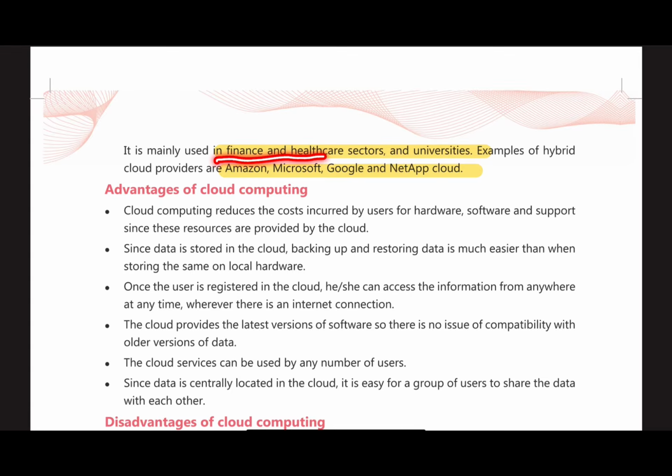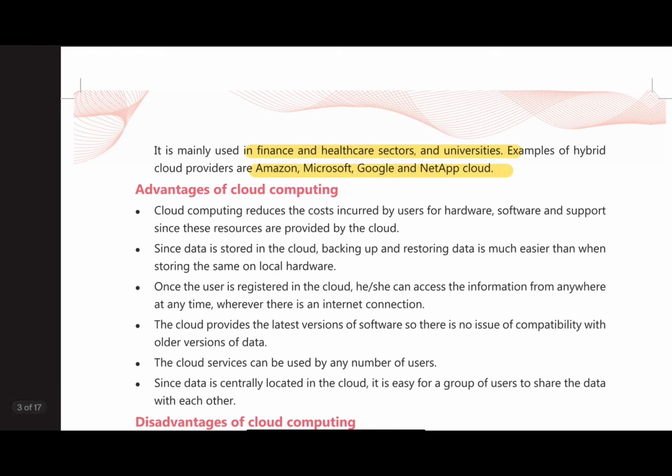Mainly the financial and health sectors and universities. Why? Because finance has our account number data, healthcare also has our data, and universities also have our sensitive data. That's why. And what are the examples of this? Amazon, Microsoft, Google, and NetApp Cloud. These are the examples of hybrid.